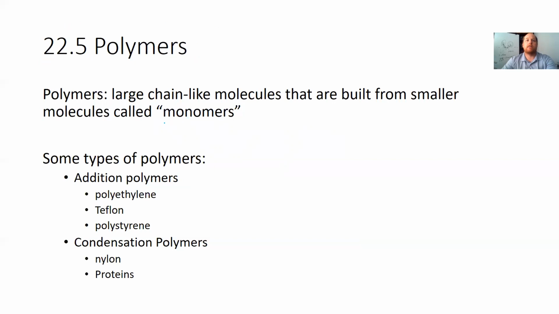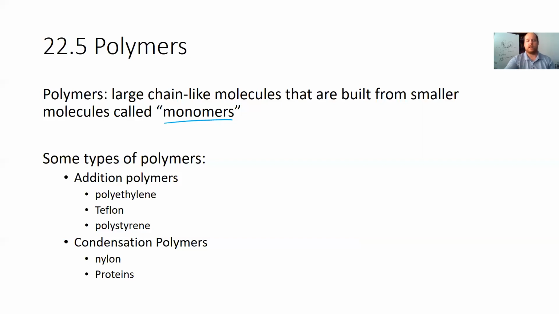Monomers are really tiny things, and you link a bunch of them together through chemical reactivity, oftentimes using a catalyst, so there are polymerization catalysts. We're not going to get into the mechanisms of how these reactions work. Suffice to say that there are many different types of polymers out there, and we're going to look at a few of them.